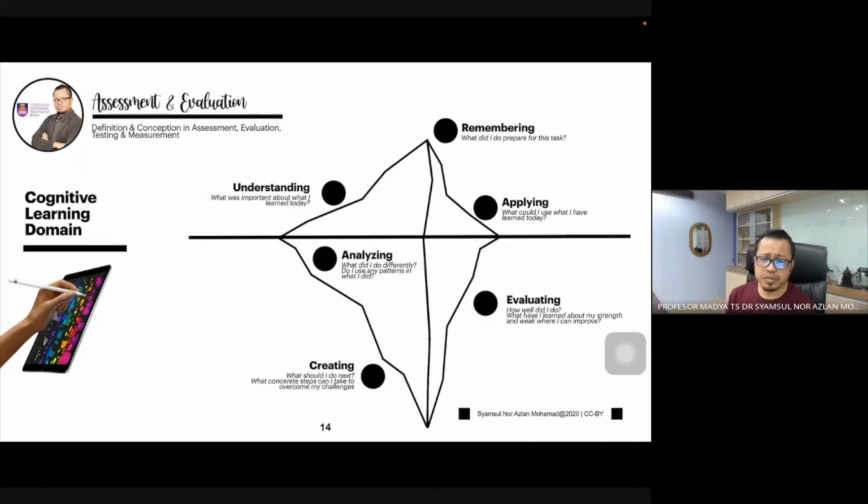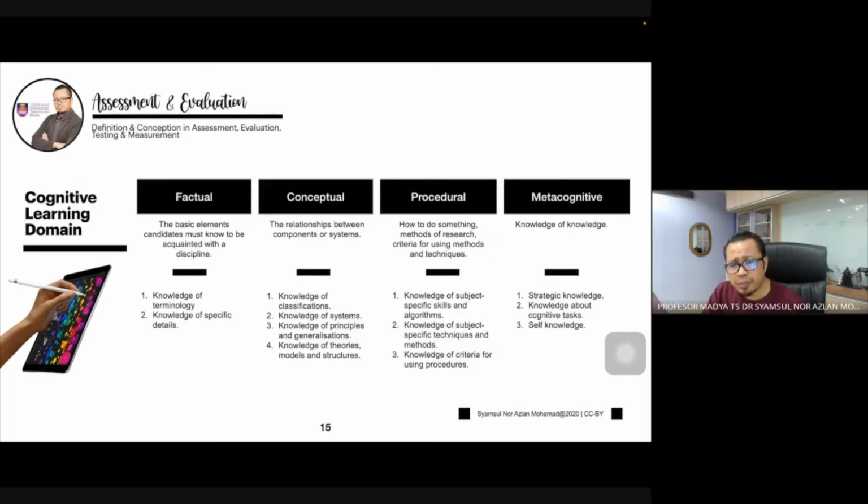The dimension of cognitive learning domains is not limited to the complexity of the knowledge, but we can also see it from the perspective of the dimensions of knowledge. We are quite familiar with the complexity of knowledge because we have been exposed to Bloom's taxonomy and even the revised Bloom's taxonomy.